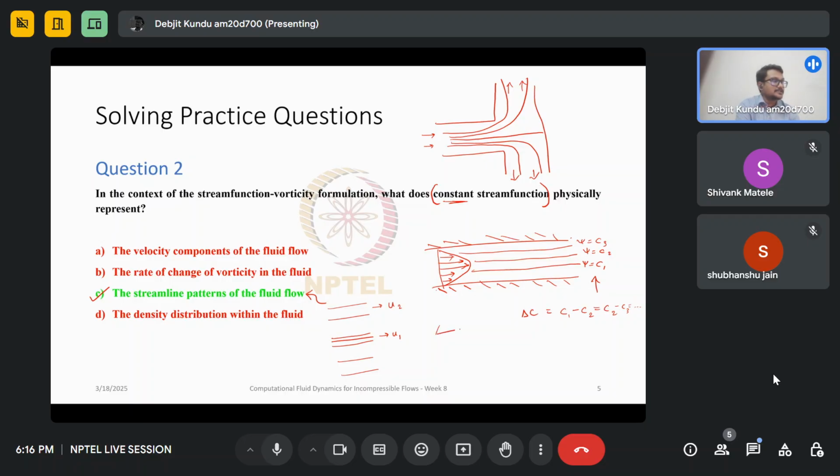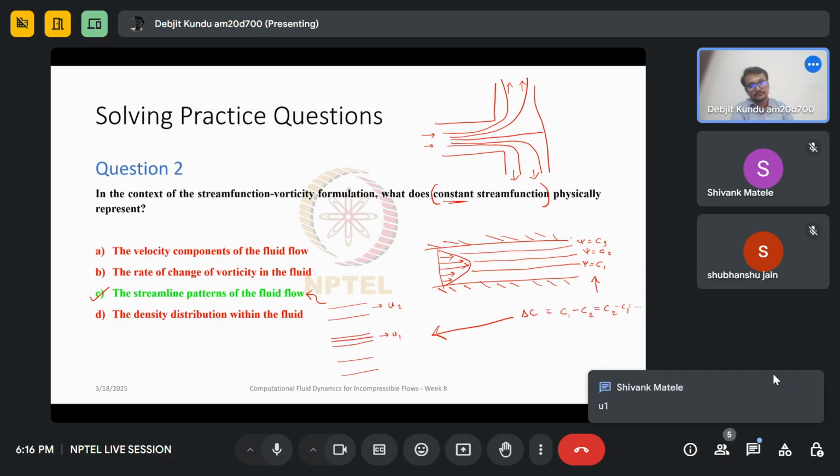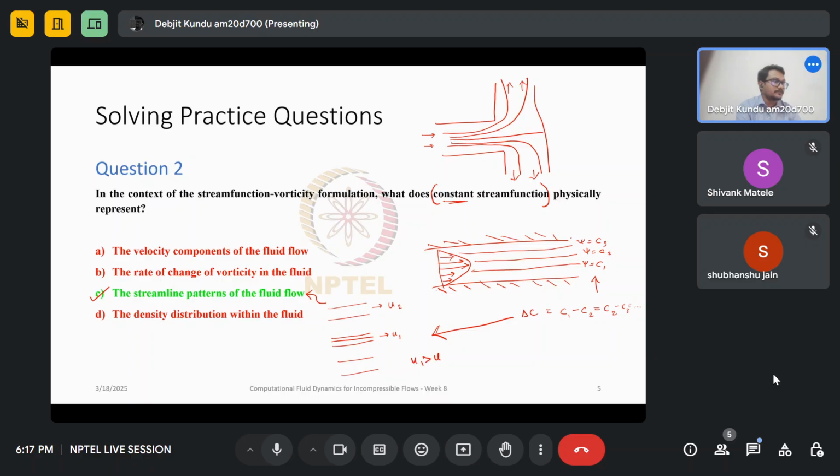This is under the condition that I am drawing streamlines at constant width apart. So u1 would be higher. Correct. So in regions of high velocity, the streamlines will be tightly packed to each other, whereas in lower velocity regions, they will be more sparsely spaced.